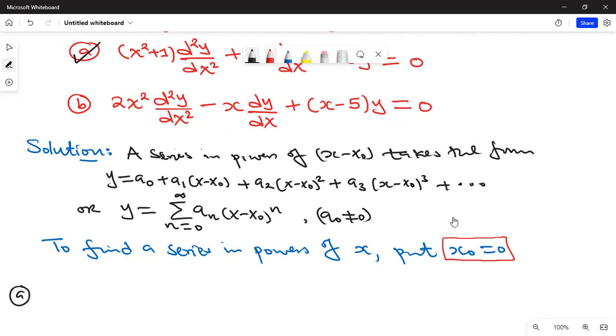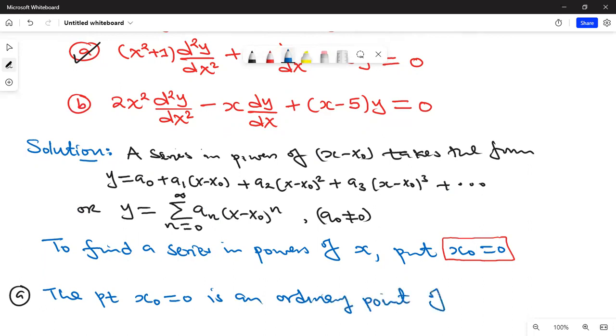So you can say that the point x naught equals 0 is an ordinary point of the given ODE.